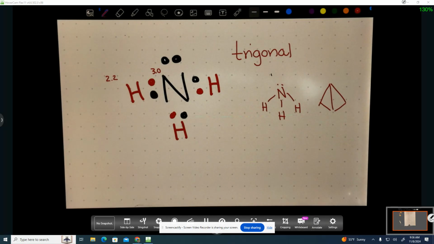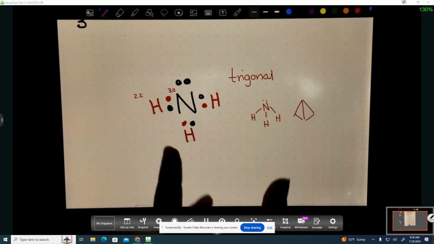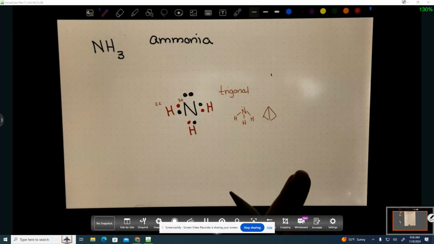There's also trigonal planar, where all 3 of these yellows would be in the same plane. Okay? Regents does not care if you know the difference between trigonal planar and trigonal pyramid, but know trigonal. Okay? All right. That's ammonia. Does everybody have that written down?